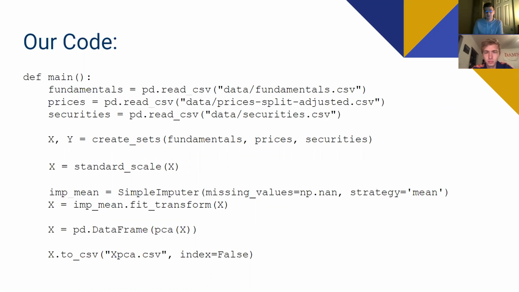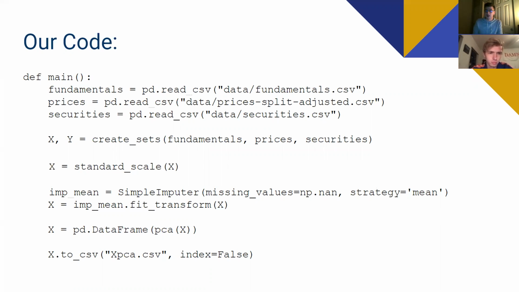Then we match the financial year to the prices for that financial year, put the prices into 12 financial month buckets, average them out, and in addition to the fundamentals, add that as a sample into our X set.